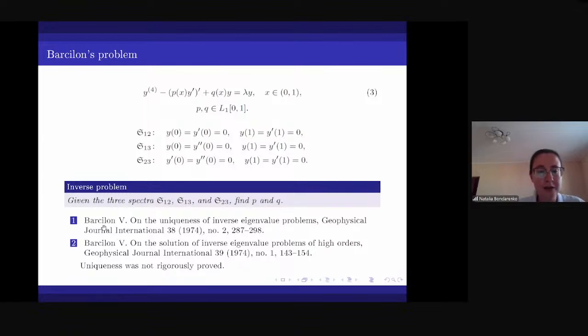In the first paper, Barcilon formulated the uniqueness theorem. So he tried to prove that these three spectra uniquely specify p and q. In fact, Barcilon considered more general boundary conditions, but we, for definiteness, choose these ones.